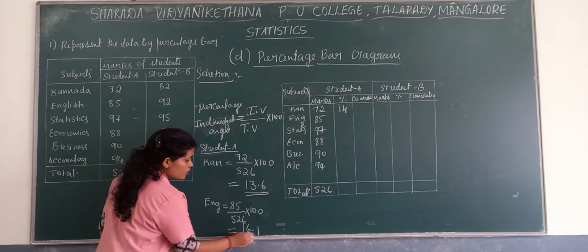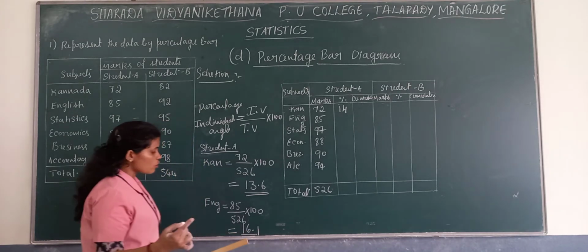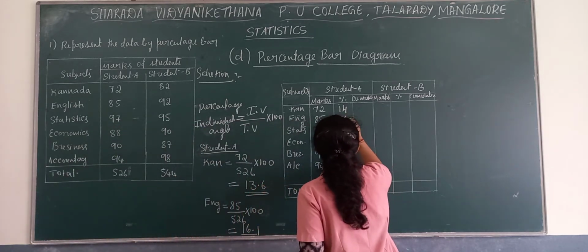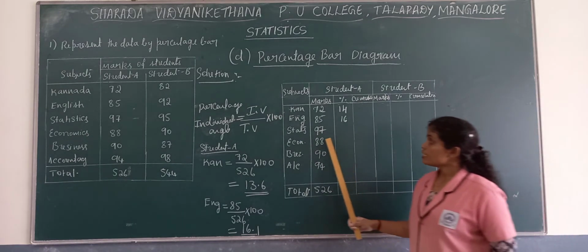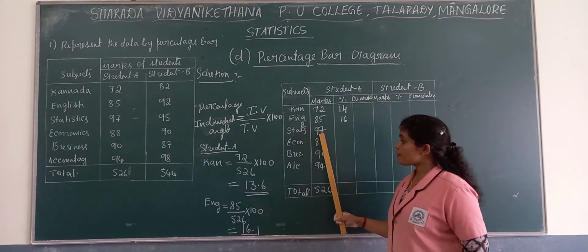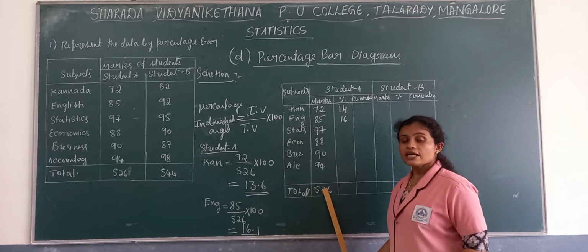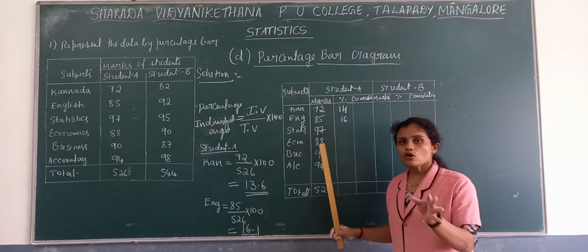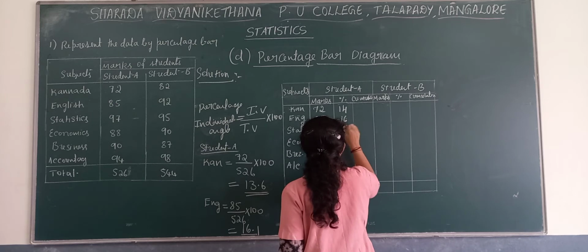After the decimal it is 1, not 5 or more than 5, so we take the round figure as 16 itself. Next, in case of stats, 97 by 526 into 100, we get 18.4. So we take it as 18.